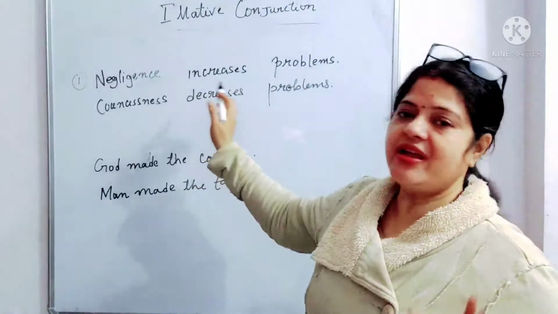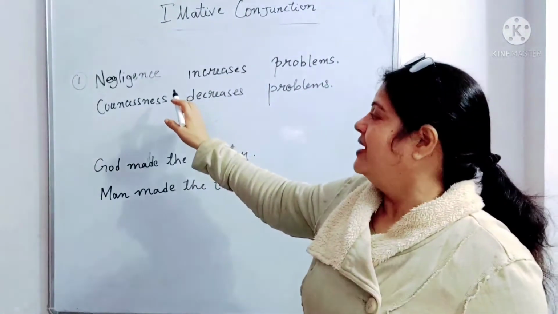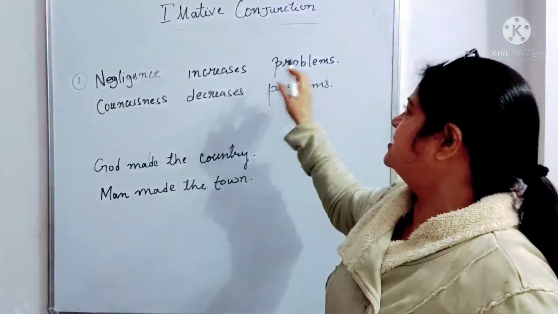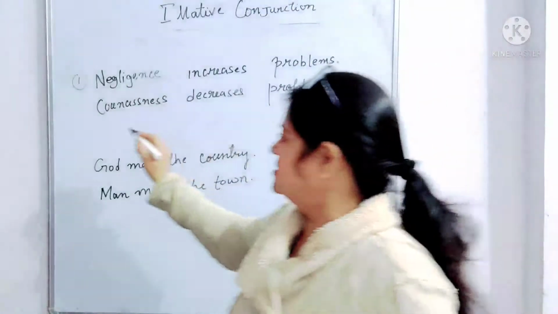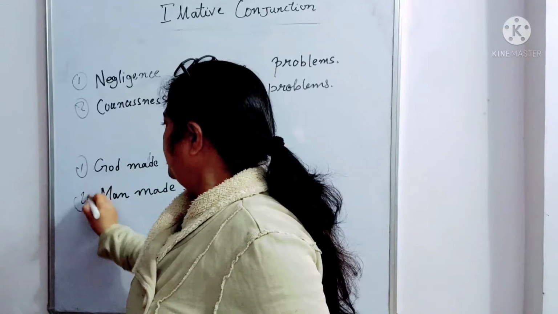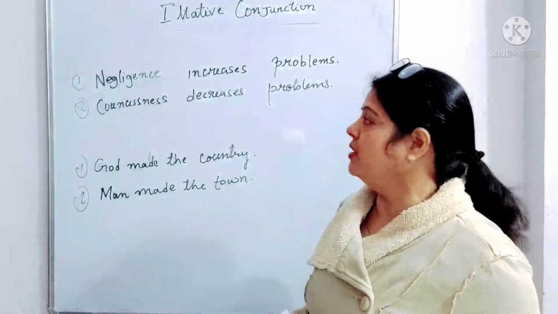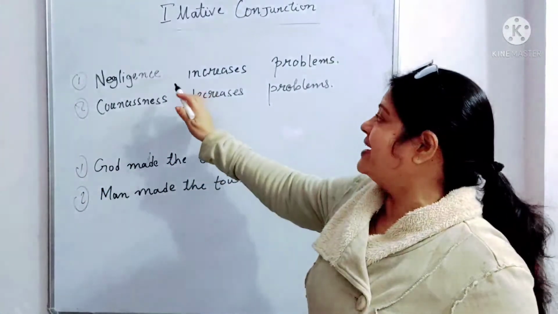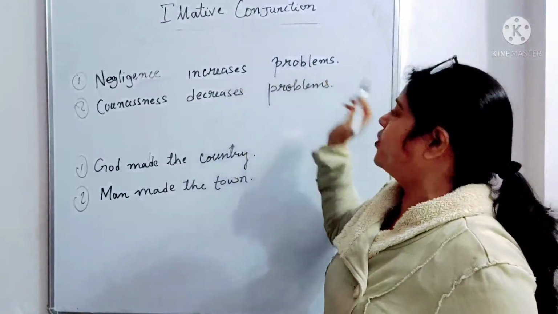Like here I have taken a sentence, negligence increases problems, and this is the second sentence. Okay, first and second. The first sentence is telling us that negligence increases problems.